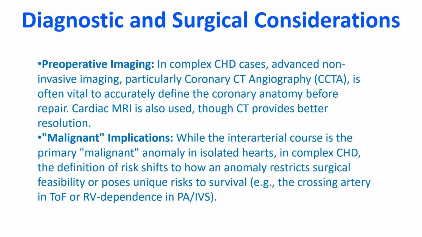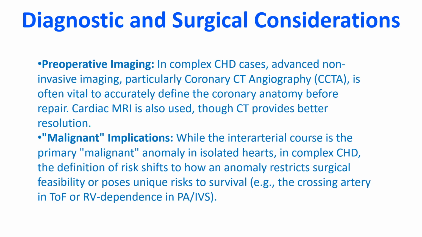In complex congenital heart disease cases, advanced non-invasive imaging, particularly coronary artery CT angiography, is often vital to accurately define the coronary anatomy before repair. Cardiac MRI is also used, though CT provides better resolution.